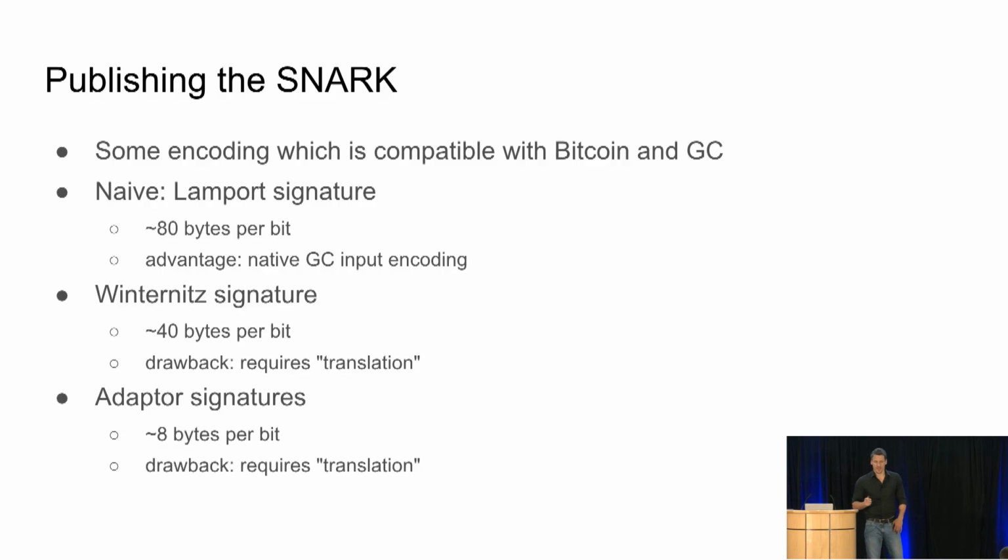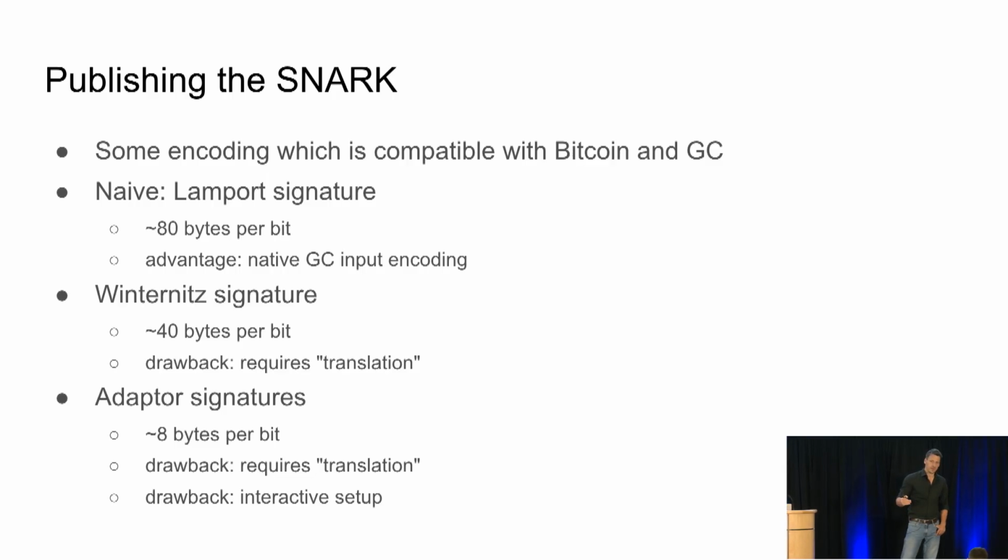It has the same drawback that you need some sort of translation from adapter signature to Lamport signature. And there is another drawback. It requires some trusted setup. For an adapter signature, you need a counterparty. So now you need to interact with a counterparty to set up these bridge contracts.